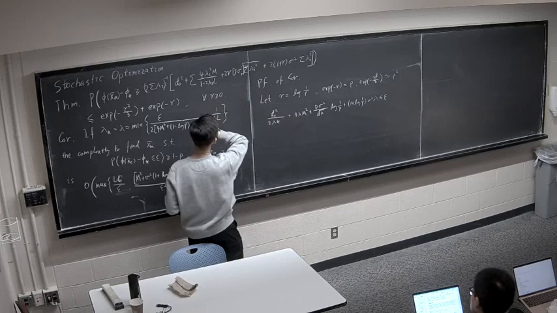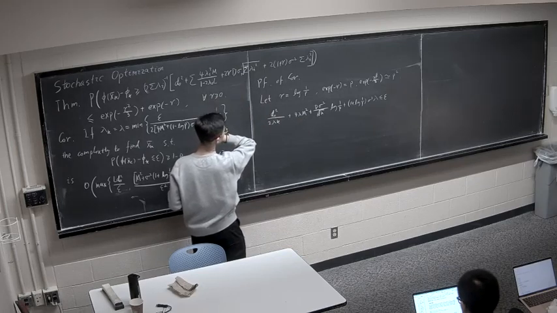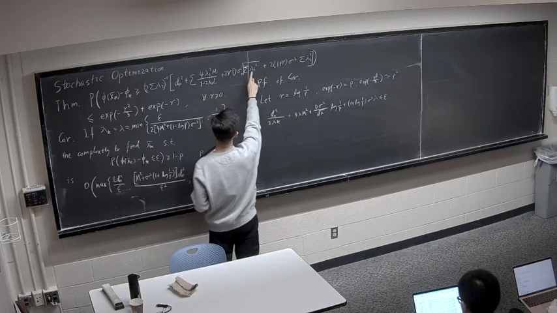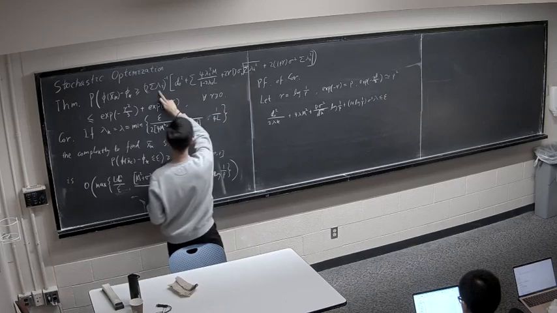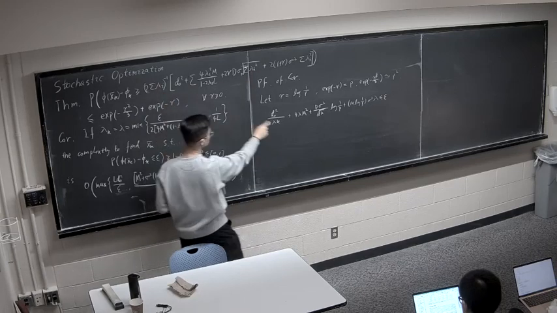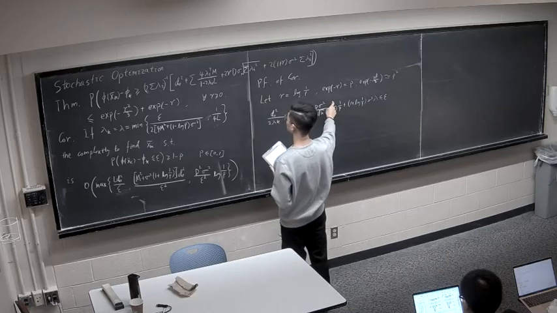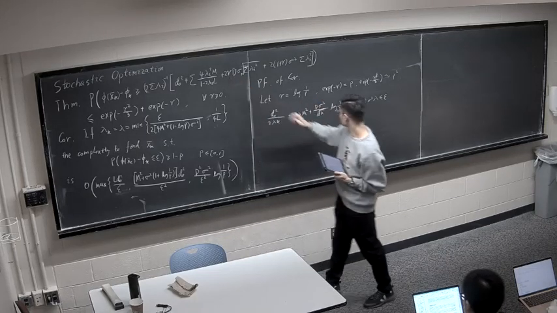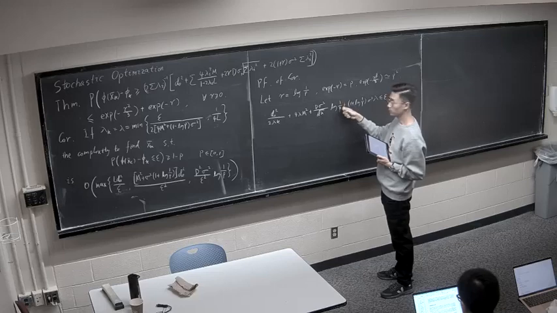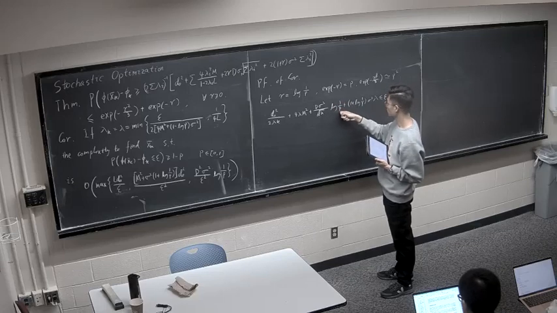And for this part, here we have a factor of square root of k, and here we have a 1 over k. So that's why we have 1 over square root of k here. And for the last term, here for gamma, we also take gamma to be log of 1 over p, just loosely in the sense of the order, right?